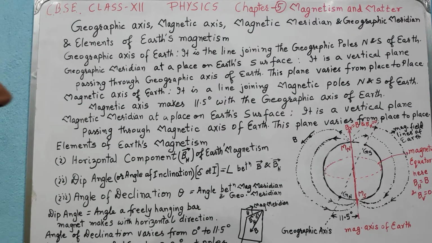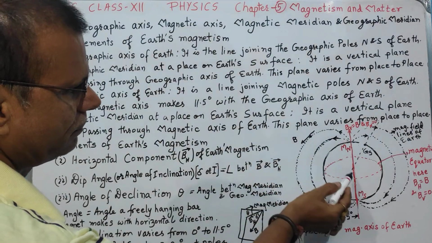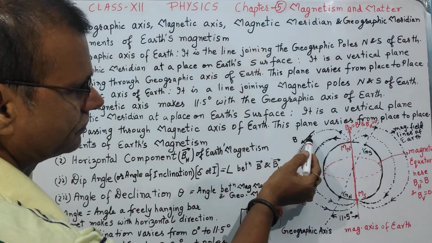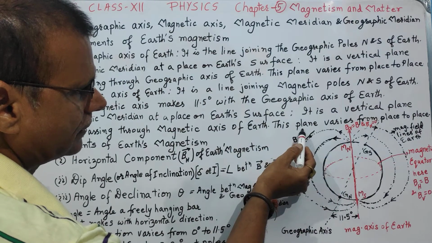Now we want to find the horizontal component of earth magnetism at that point. Then you can understand the vertical component will be along the radius of earth.